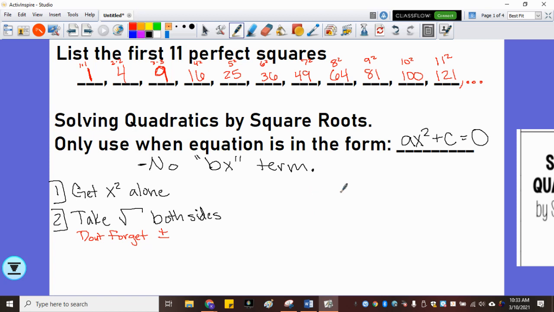Before I just show you how to do it, let's think easy. X squared equals 9.